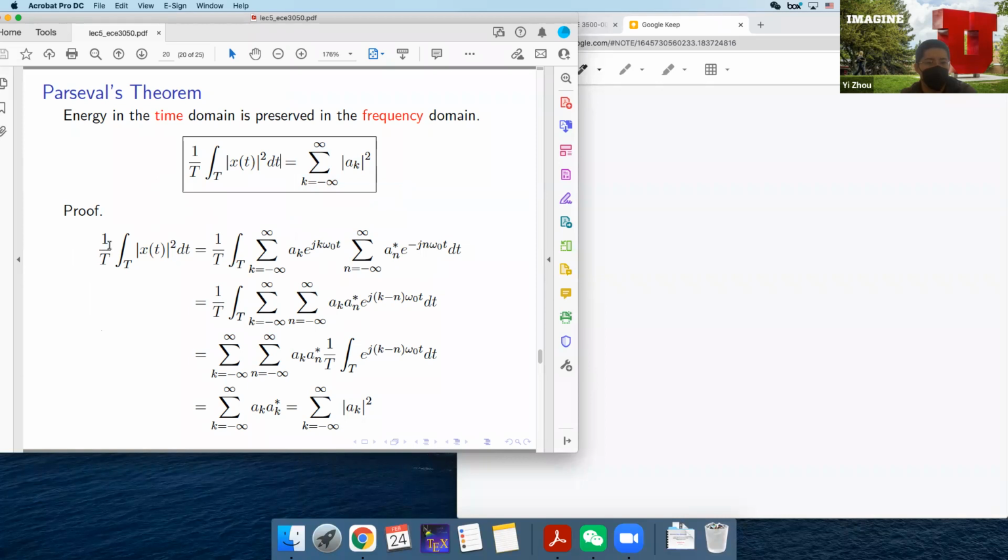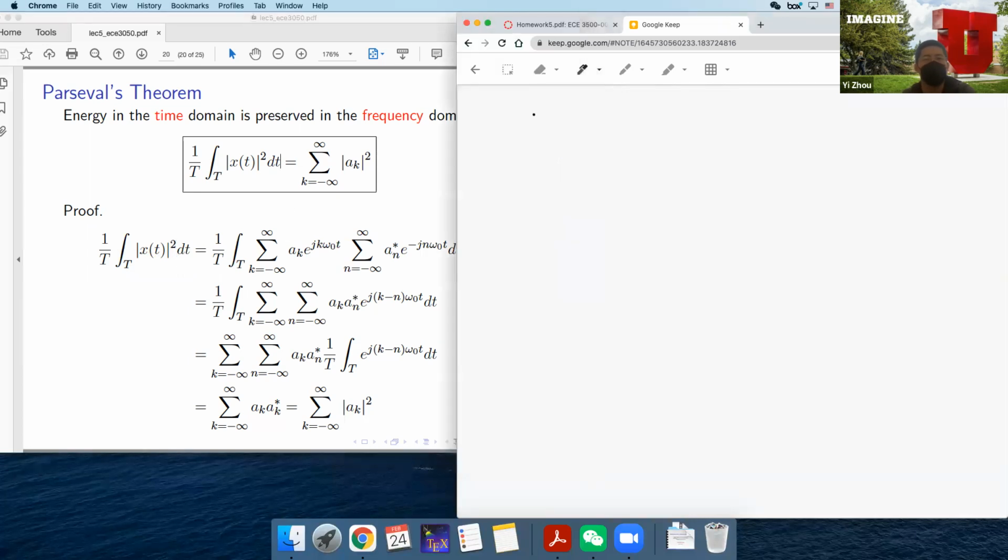And actually, the proof of this theorem is very standard. So we can take a brief look at the proof logic. We start from the left-hand side, and notice that the magnitude of x(t) to the power of 2, we have a famous equation for that. You still remember?